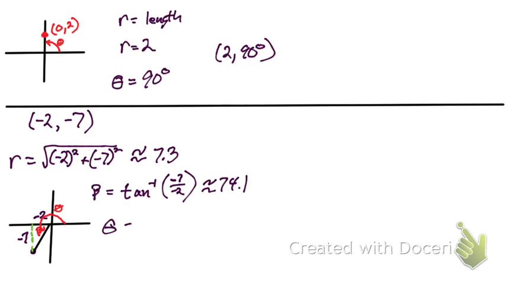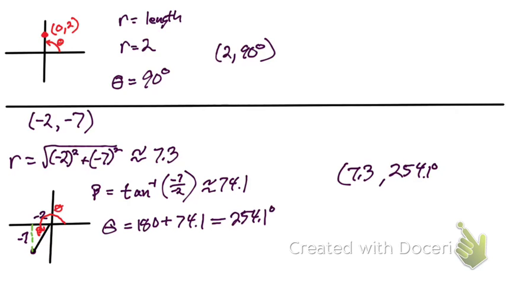And our theta is just going to equal 180 plus that 74.1, which comes out to 254.1 degrees. So that'll give me the point 7.3, 254.1 degrees. Okay? Other questions?